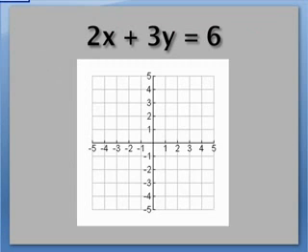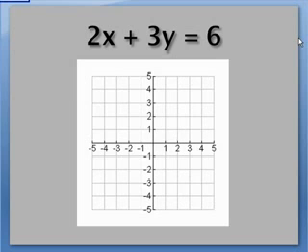Let's start off with an equality. Notice here, this one is just an equation, the standard form for the equation of a line. To graph that, we can put it in slope-intercept form, or we can graph the intercepts. I'm going to try the intercepts first. To get the y-intercept, substitute in 0 for x.